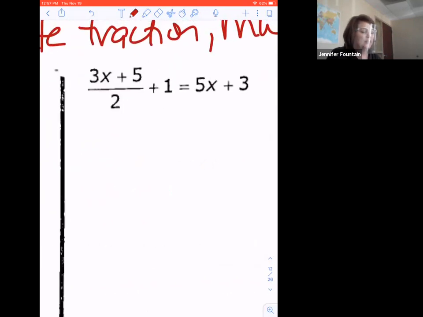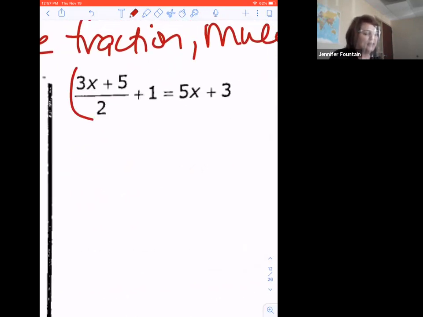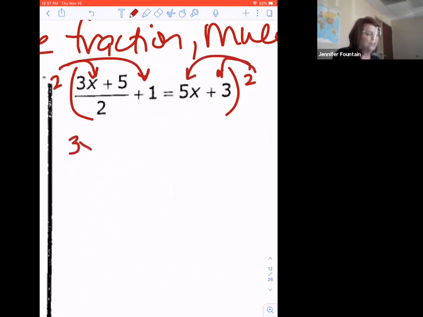All right, the next one, I have to multiply everything by the denominator of 2. So again, when I multiply these, my denominator just goes away and I'm left with what's in the numerator. So 3x plus 5 plus 2 times 1 is 2 equals 5x times 2 is 10x, and 3 times 2 is 6.